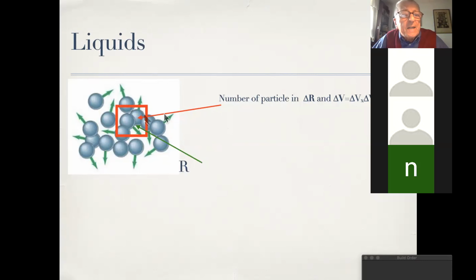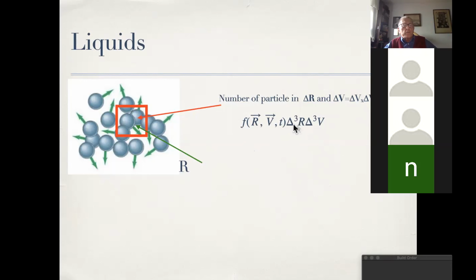And now we can count how many particles are in that red volume with velocities within the given volume in velocity space. The number of those particles is proportional to the volume in space and the volume in velocity space.